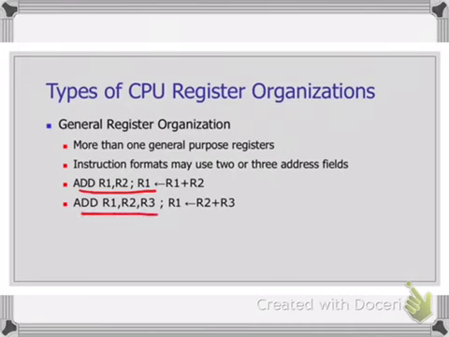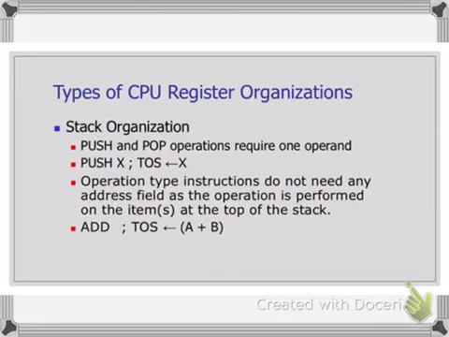Similarly, with 3 addresses, the first one indicates the output register, and the next 2 are the input registers. So R1 is assigned R2 plus R3. In the first case, the sum of R1 and R2 is stored back in the first register, which is R1. So this is your general CPU register organization.